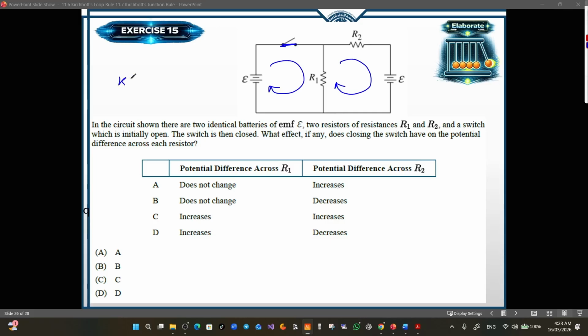By applying the KLR, Kirchhoff's loop rule, let's use loop 1. We are entering first the negative terminal of the battery, so this is a plus E. We complete the circulation until we reach the resistor. Now we choose an arbitrary direction of the current, let's say the current in this direction.